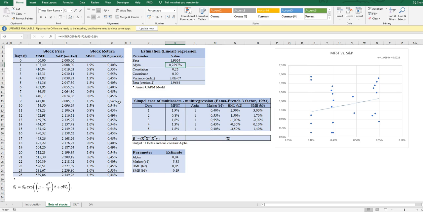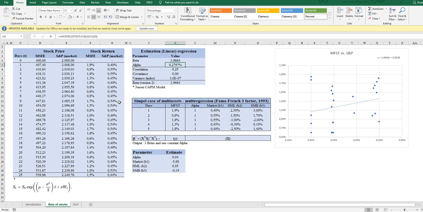So here 0.27, and this is a daily figure. Perhaps some of you will note that this is quite high and indeed unrealistic, but again, the numbers I have chosen are purely arbitrary.